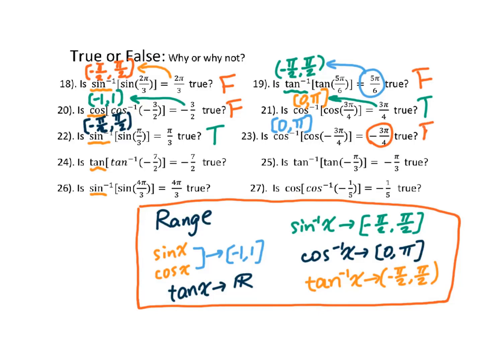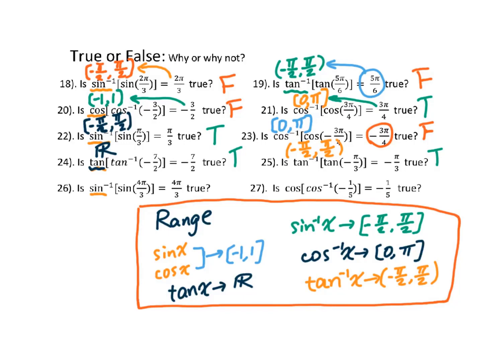So this is false. For number 24, since the range of tangent is all real numbers, this is true. For number 25, inverse tangent range will be negative pi over 2 to pi over 2, and negative pi over 3 is in this range. So this is true.